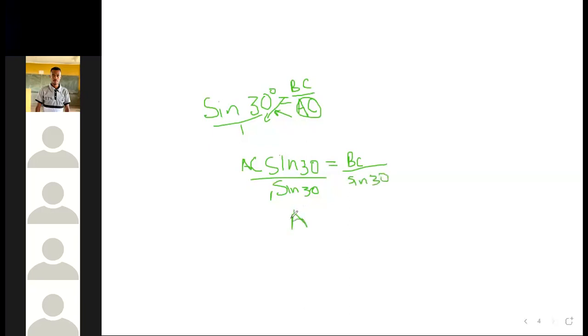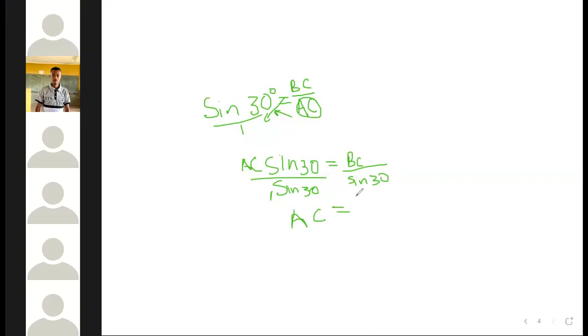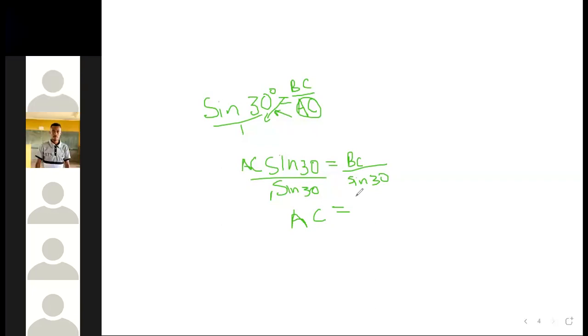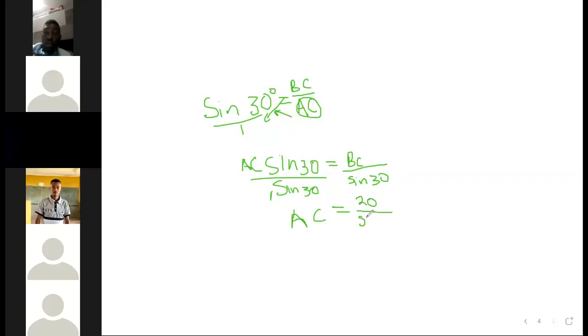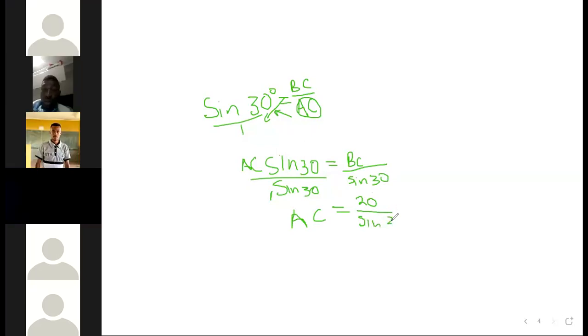So AC is equal to, what is the value of BC? 20, so 20 over sine 30.